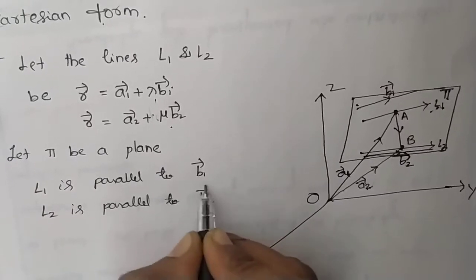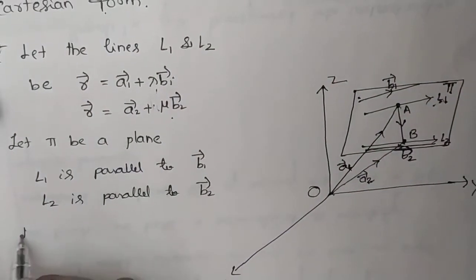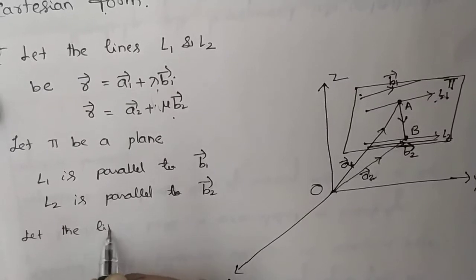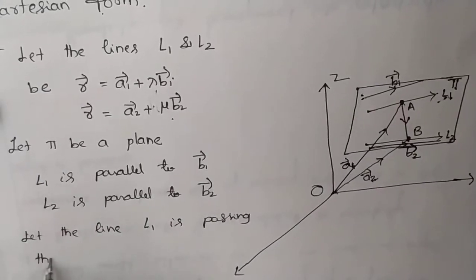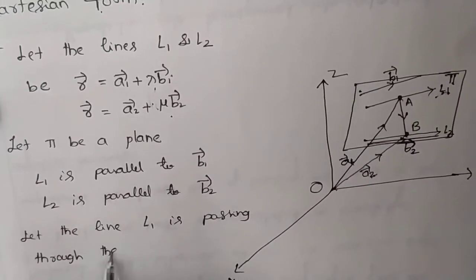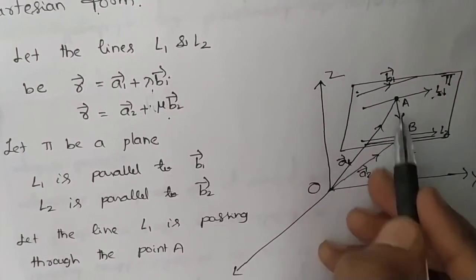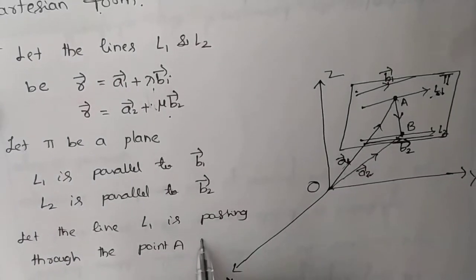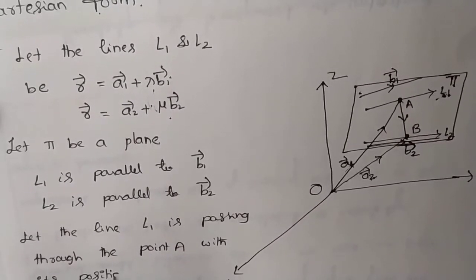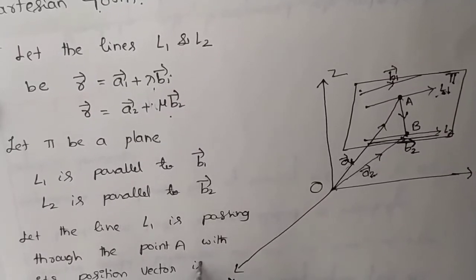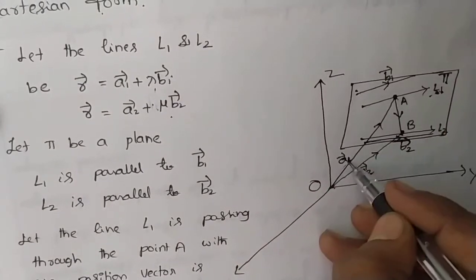Now, let the line L1 be passing through the point A, with its position vector OA, that is, the A1 vector.